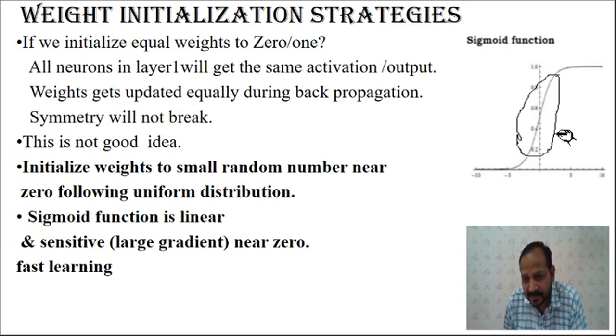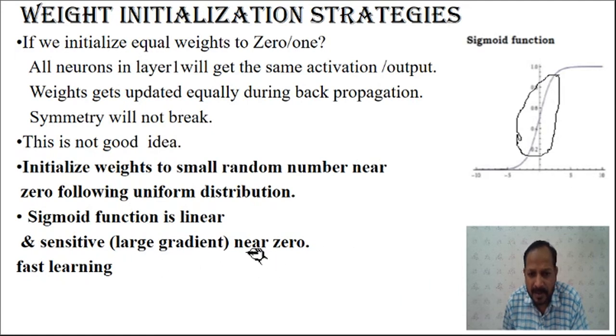So within this linear range, the sigmoid function is sensitive, and it will give a somewhat large gradient. So our weights should be initialized such that the net input stays within this range.